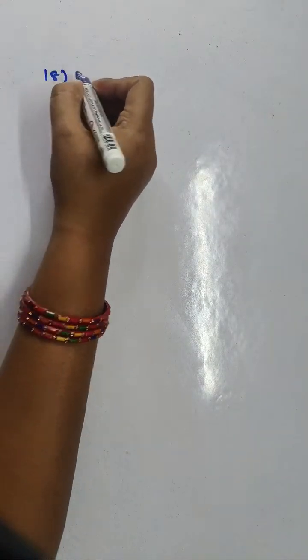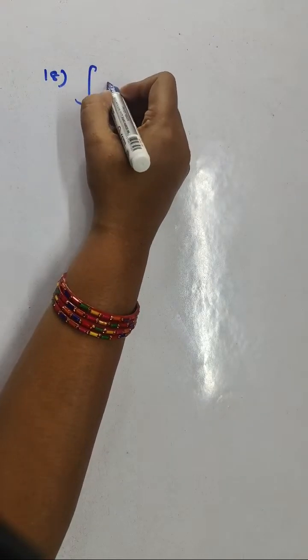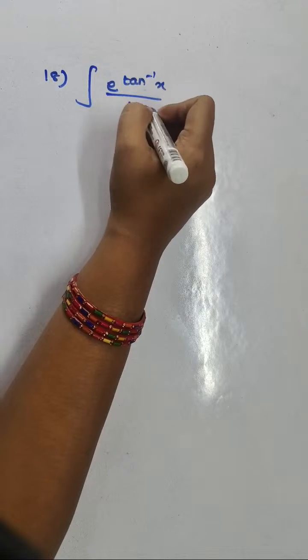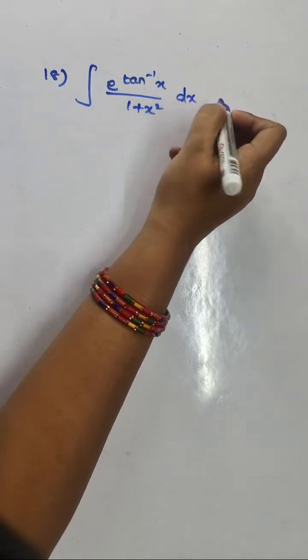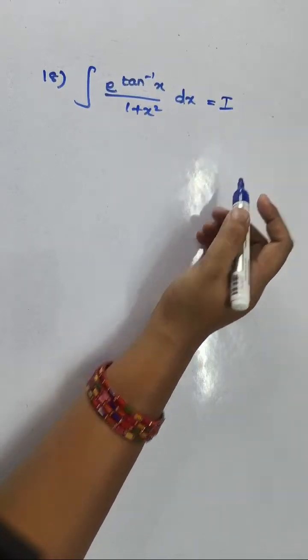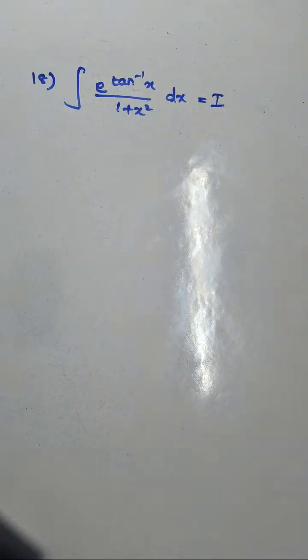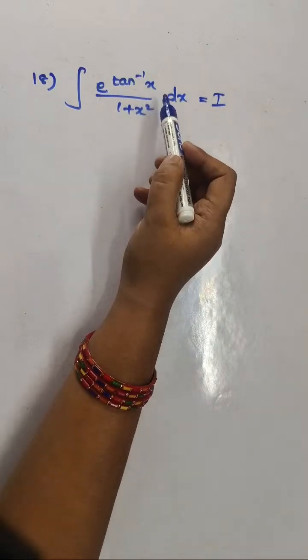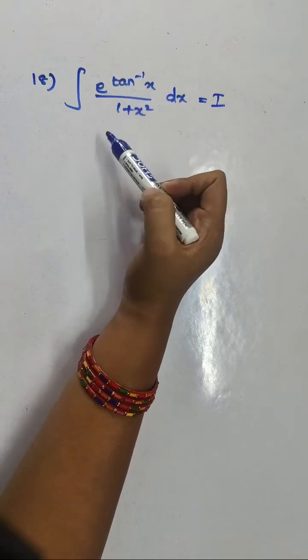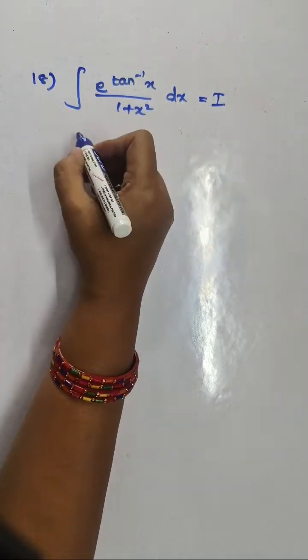Question number 18. Integral e power tan inverse x by 1 plus x square dx. As usual, we'll take this as I. So what we have to do now? Take tan inverse x as t, because differentiation of tan inverse x is 1 by 1 plus x square.